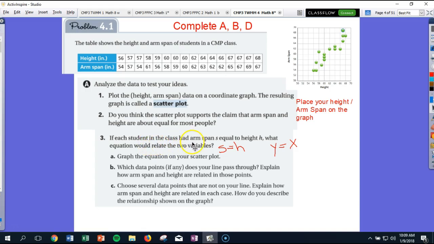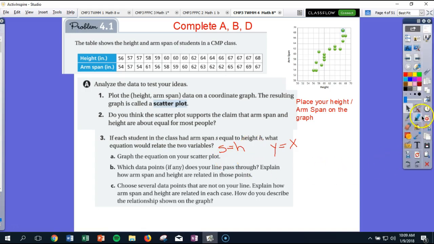And if each student in the class had arm span S equal to height H, what equation would relate the two variables? Well, span equals height. We could change our letters and make it y equals x if we wanted to. So it says graph the equation on the scatter plot.